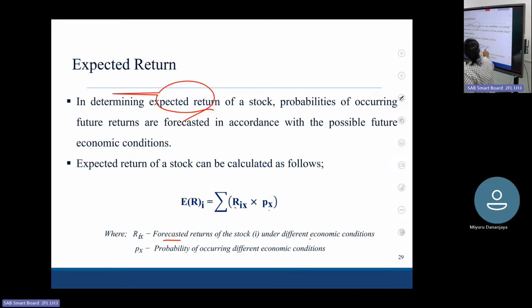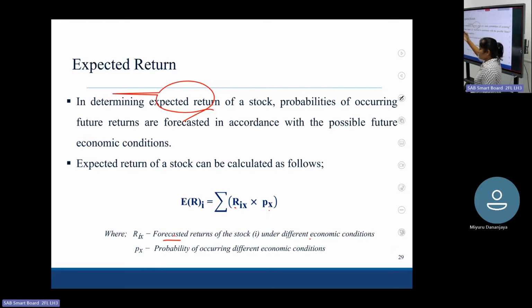So what is then Px? It is the probability of occurring the different economic conditions. If you are given the forecasted return and the probability of each economic condition, then you can calculate the expected return for the stock: forecasted return multiplied by the probability of that particular economic condition happening.